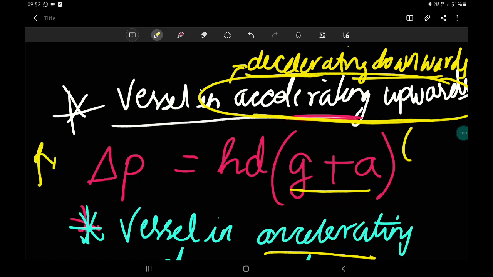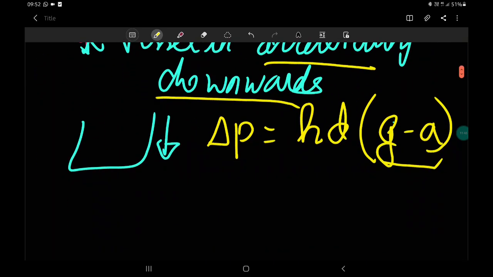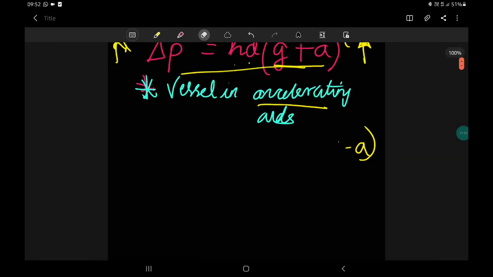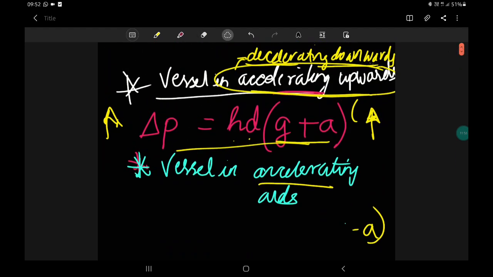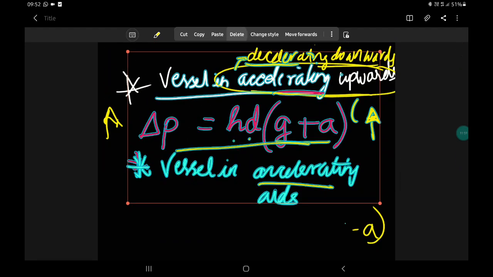So just by reading the question sentence, you should figure out whether it is coming down or going up. If the final diagrammatic conclusion is that the vessel was going up, then the change in pressure is h into density into g plus a; acceleration should be added. And if it is coming down, then it should be g minus a. I hope that was very clear.